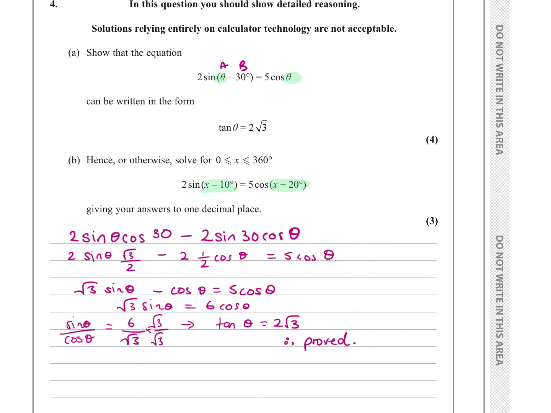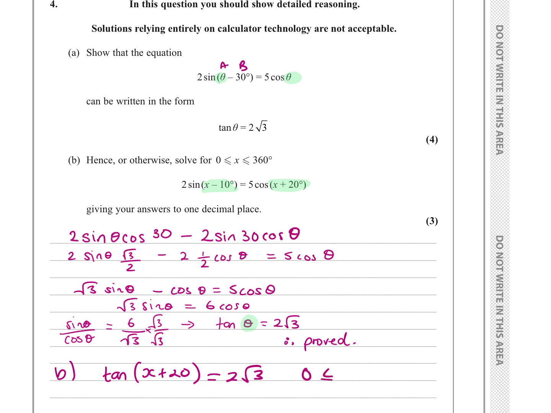So theta is definitely x plus 20. So I'm going to substitute x plus 20 here, my theta. Yeah? So for part B, I'm going to have tan of x plus 20 equals 2 root 3.